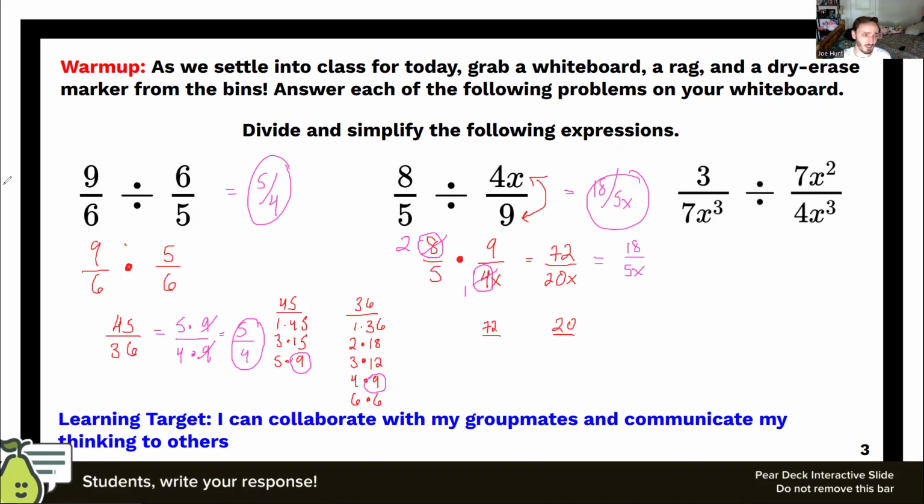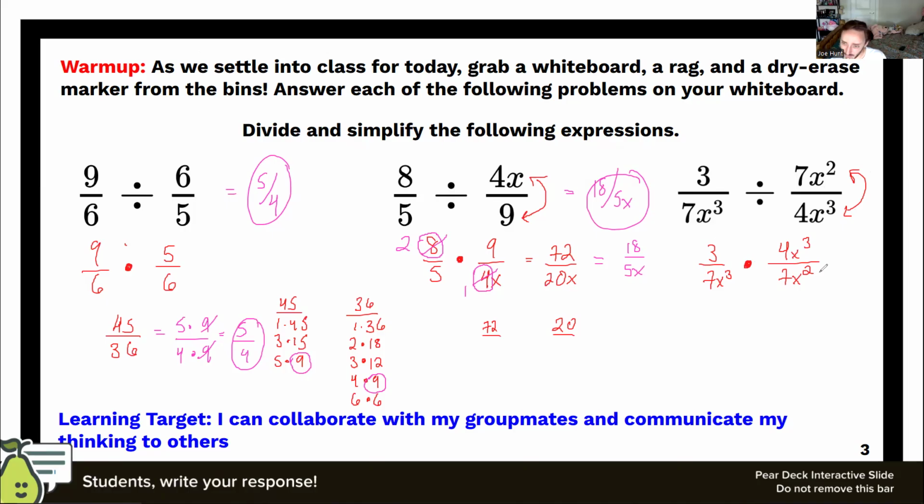Now, very similar for this one on the right-hand side. 3 over 7x to the third, that's my first fraction. If I'm dividing fractions, I like to switch over to multiplying by the reciprocal. So I'm going to switch 4x to the third to being in the numerator of the second fraction, and 7x squared being on the bottom of that second fraction. And then I'm doing the same game, right?